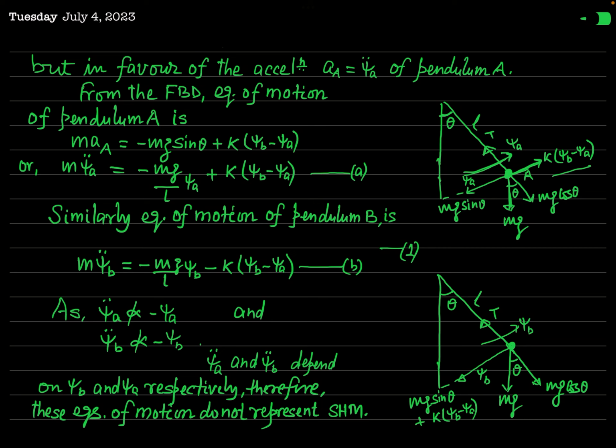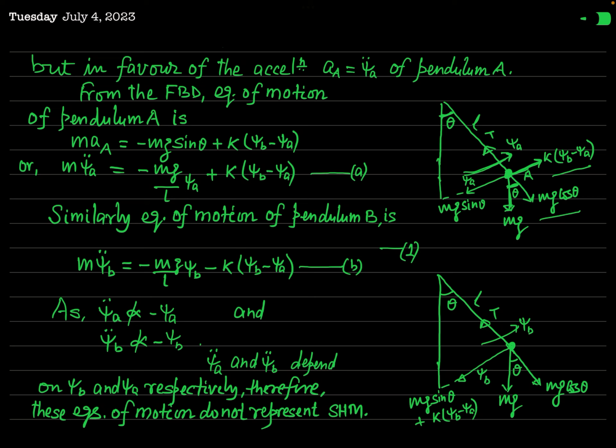Now for writing the equation of motion of this bob A, let us resolve this force of gravity mg into its two components. Since the angle made by the string with the vertical is theta, the angle made by mg with the string will also be theta, and so this component will be mg cos theta.